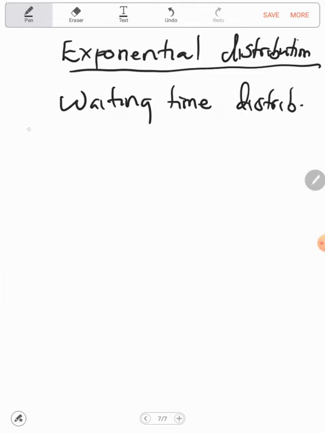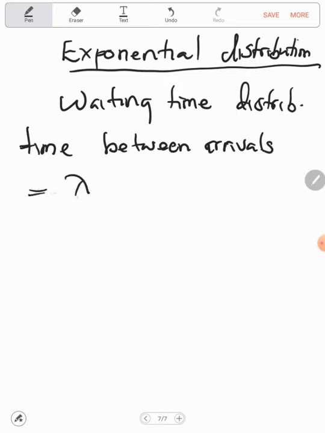The time between arrivals is known as lambda.